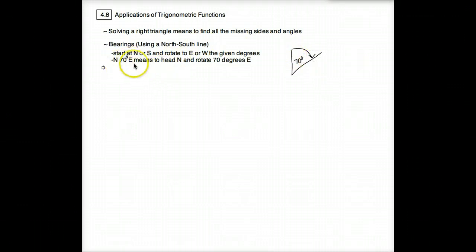It's written with the two different directions. Rather than saying 70 degrees northeast, they tell you which direction you're going first, and the second direction is the one that tells you how many degrees you're actually rotating in the angle.